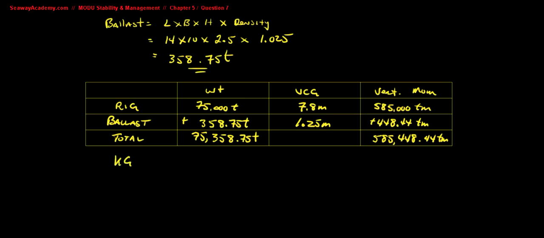So now to get your KG, it's your vertical moment divided by your total weight. So your vertical moment is 585,448.44 ton meters.